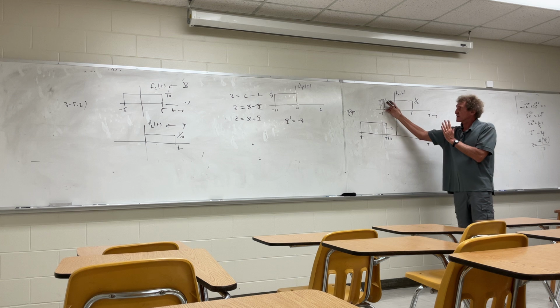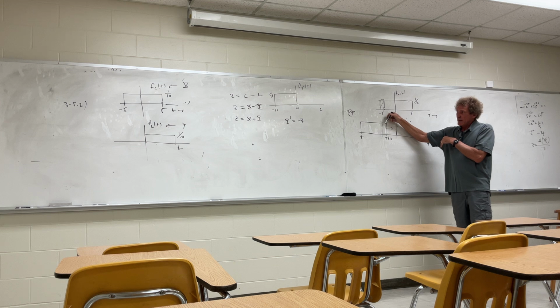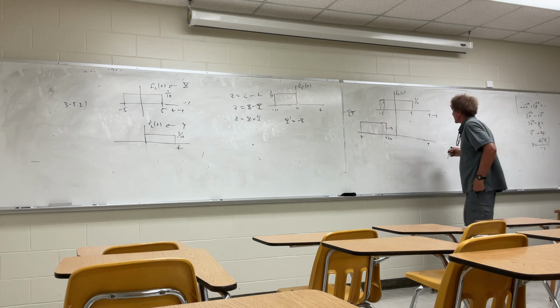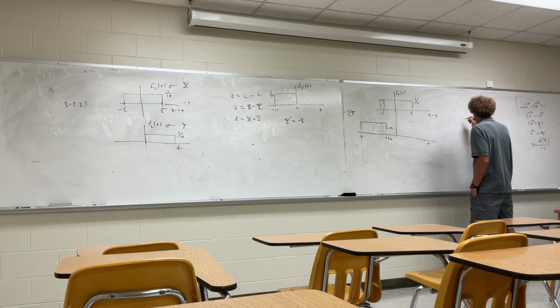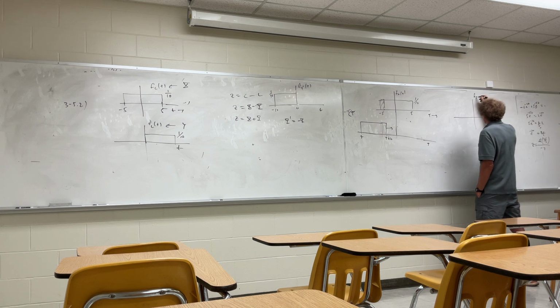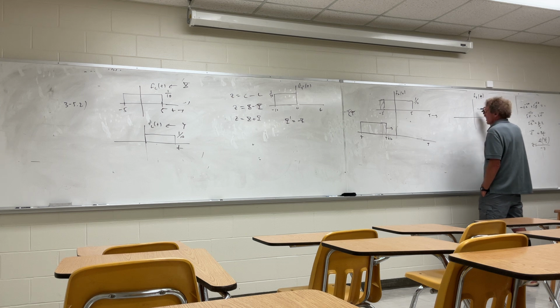You would take this function, whatever it is, fx of tau, multiplied by this function, the fy of t minus tau, and you multiply point by point and integrate. So when you do it, now my fz of t, not tau, will look like this.